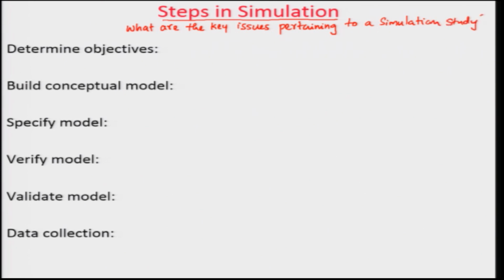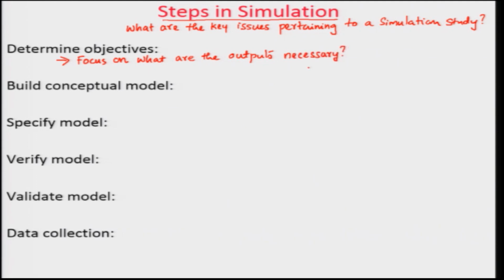So, we are looking into what are the key issues pertaining to the simulation study. The first thing is to determine the objectives. This is to focus on what the objectives are and what outputs are necessary.